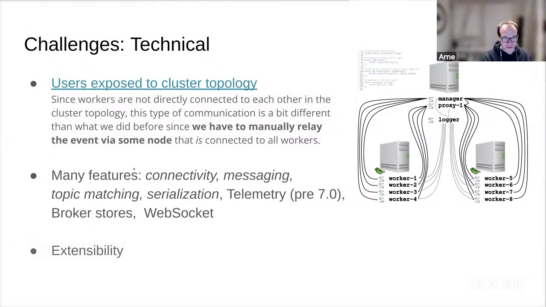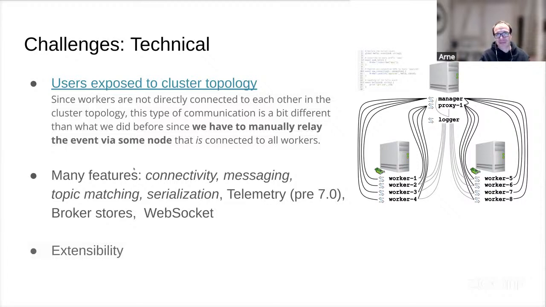The concrete example is that all of the workers subscribe to a topic, which is the worker topic. But when you publish a message from one of the workers to this worker topic, it doesn't actually arrive on any other node. It's a black hole.